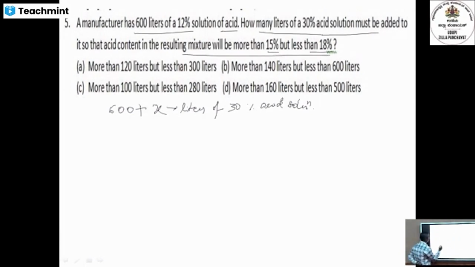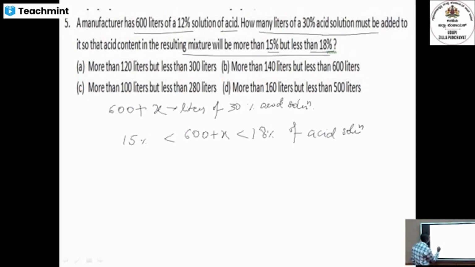So when you add it, 15% less than 600 plus x, less than 18% of what? Of the acid solution. So how to do this? Now let us see.